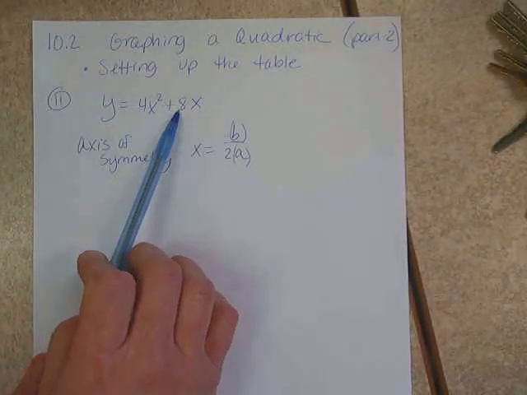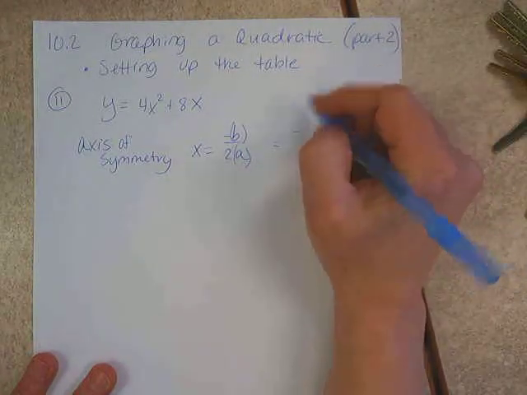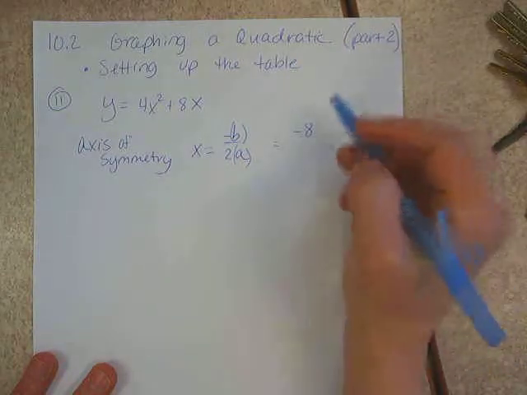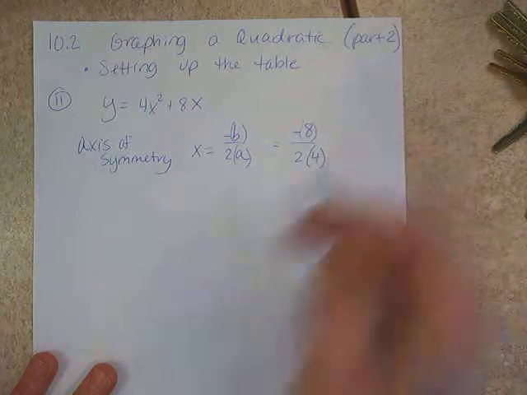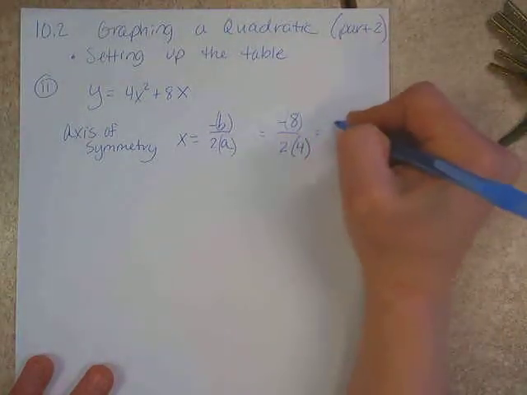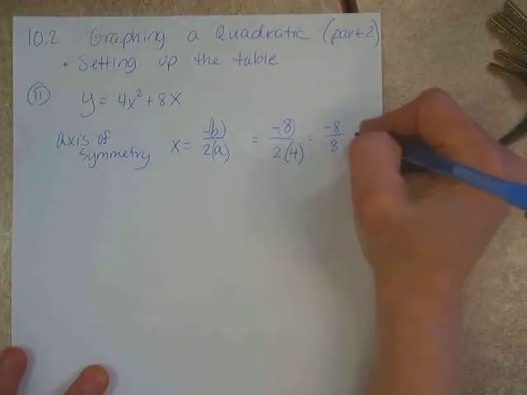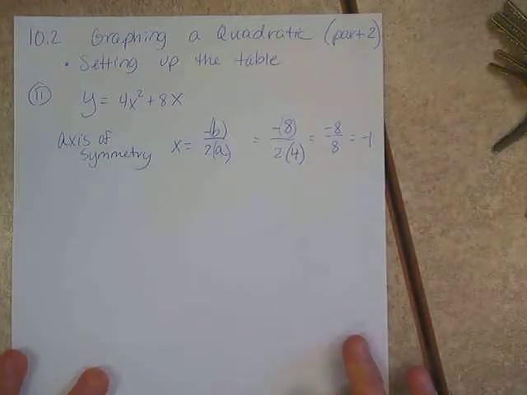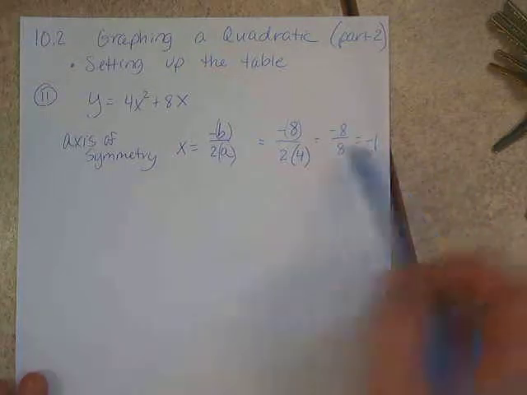All right, so this happens to be A and B. When we plug in, we have negative B, which is negative 8, over 2 times A, which is 4. Okay, if there are no negatives to worry about, then that's all that much better, but this would be negative 8 over positive 8, which is negative 1.